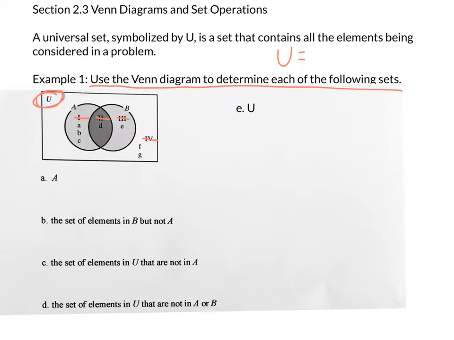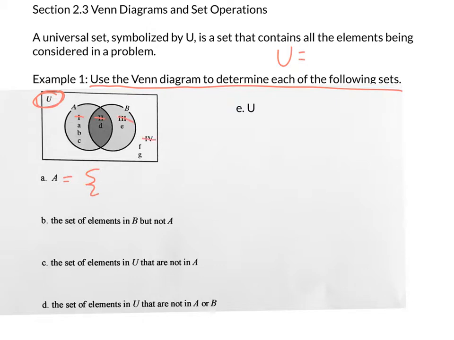Starting with question A, what is set A? They want us to determine set A. Visually, that is everything inside circle A, right here. What is inside circle A? We're still talking sets, so yes, we do unfortunately need to keep drawing those curvy brackets.